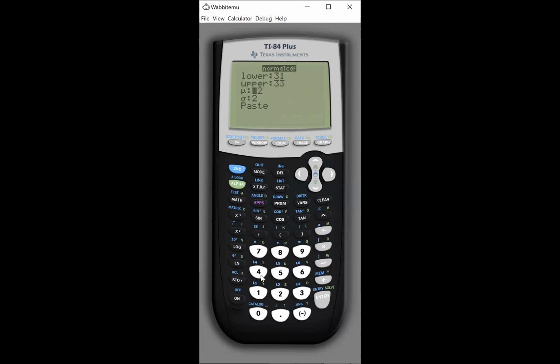For mu we said was 32. And sigma will be 0.3 divided by square root of 20. If you go over here to paste, cool, you also get 1. And that's how you do 26.